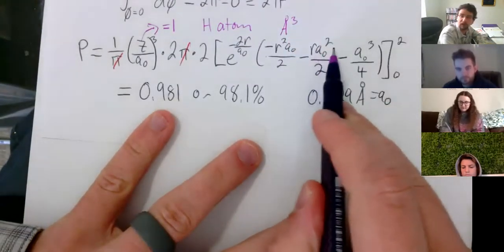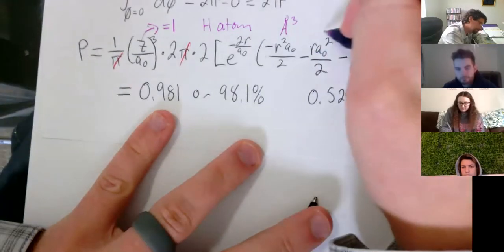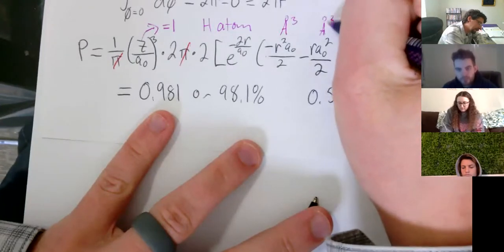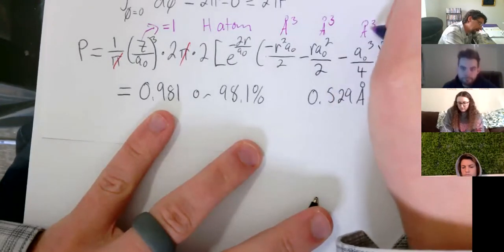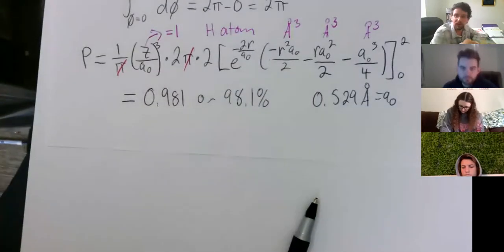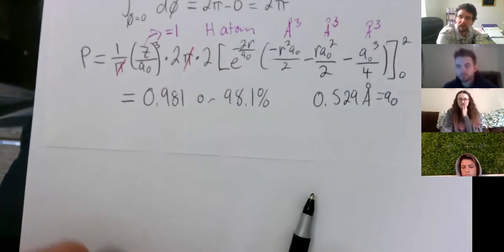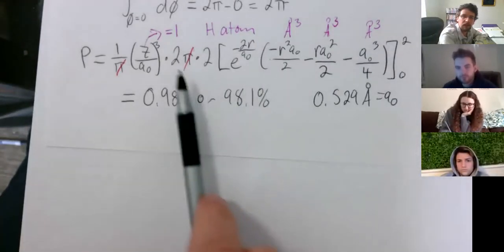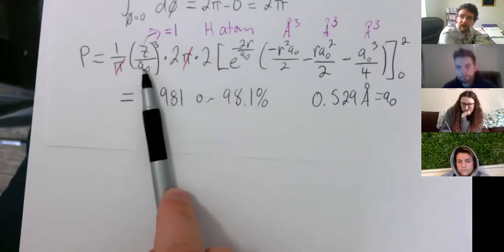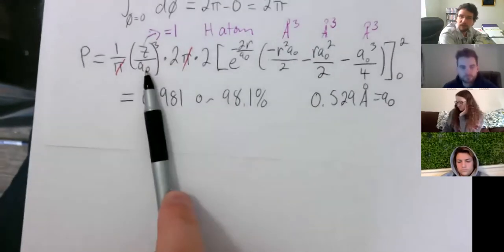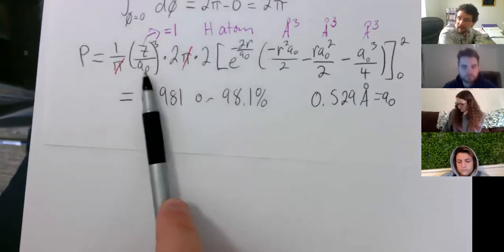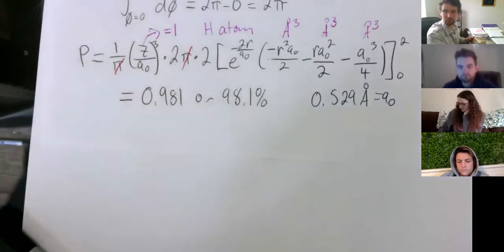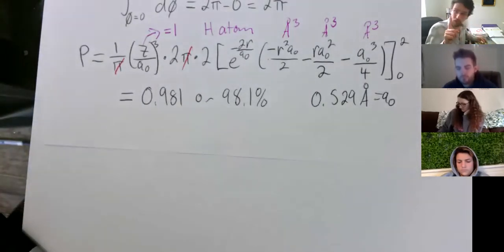What about for this term? Same. And then finally this guy. Same. But we want a unitless number, right? So how does this work out to be unitless? Because of the Z over a naught term? Yep, we have that a naught term in the bottom, so it's angstroms cubed divided by angstroms cubed. And everything else is unitless. Good question.